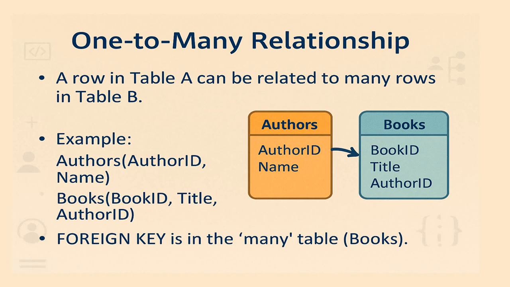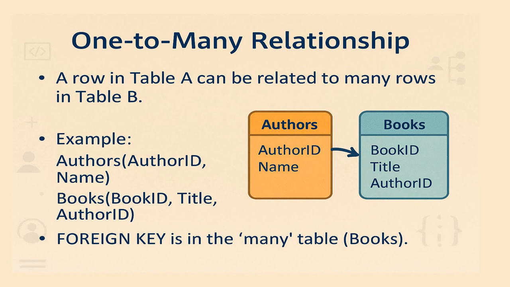Second one is the one-to-many relationship. The meaning, the row in a table A can be related to many rows in table B. For example, the relationship between the authors and books tables.